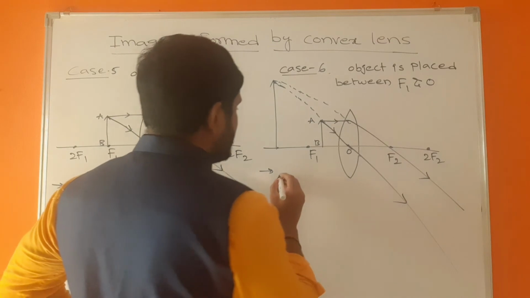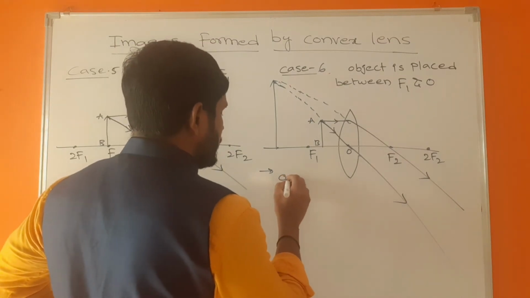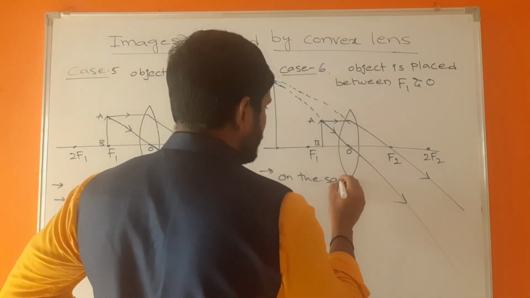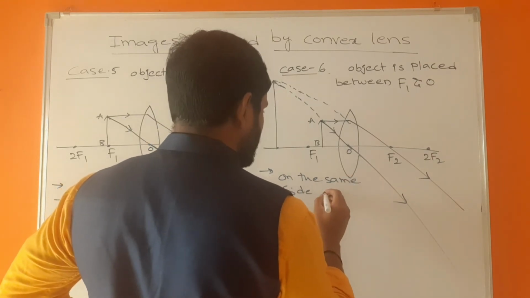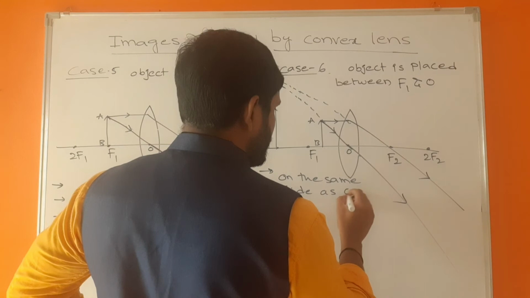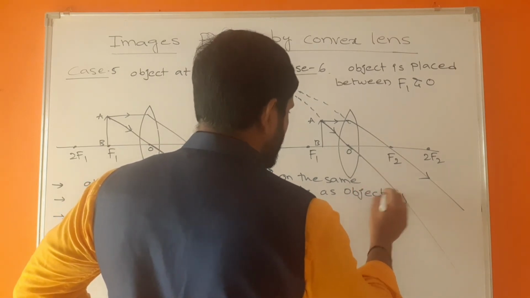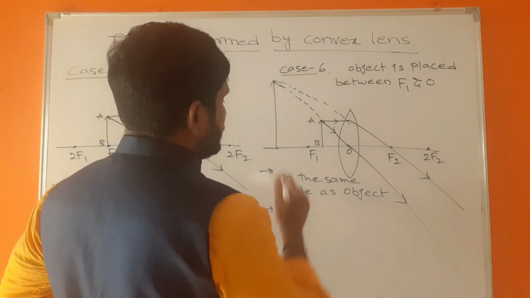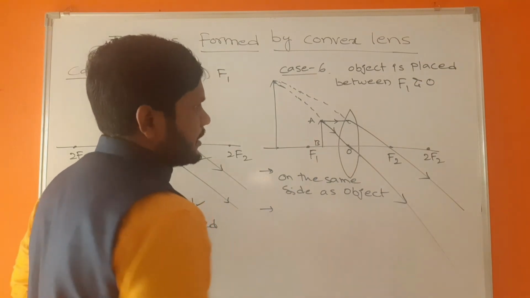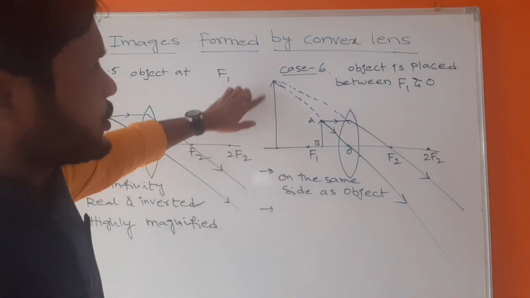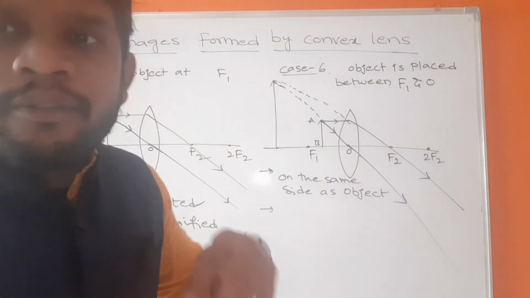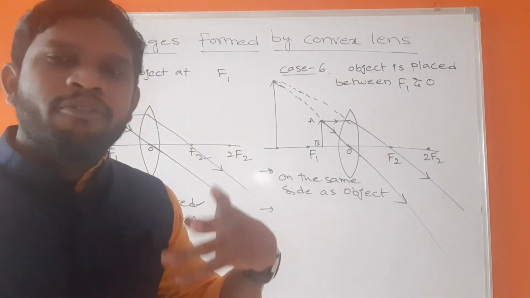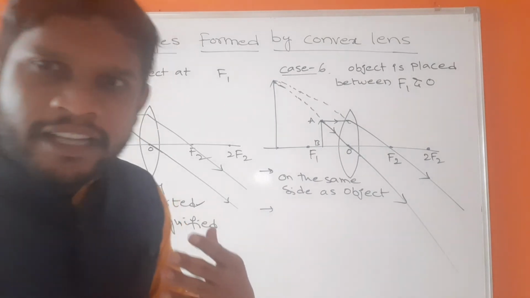So let's write the characteristics. Same side as the object. Next, coming to the characteristics, it is a virtual image. Why? Because you know when a real image is formed and when a virtual image is formed.